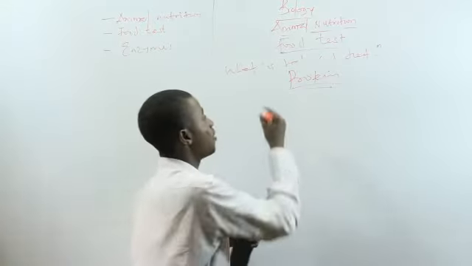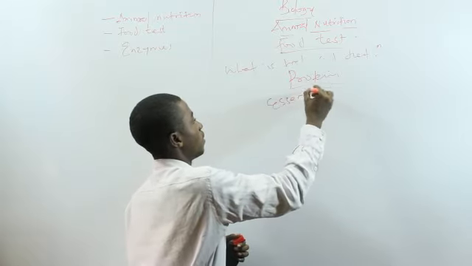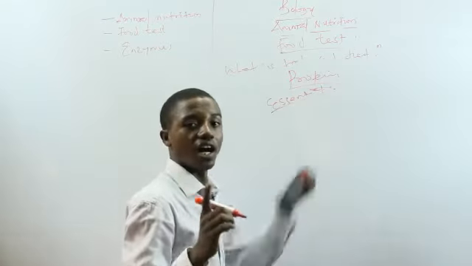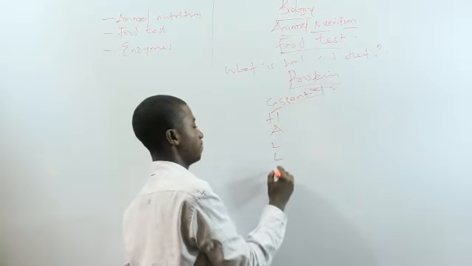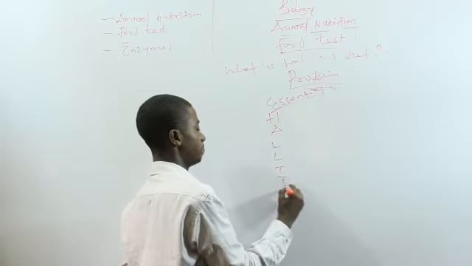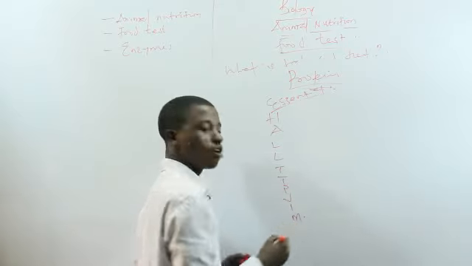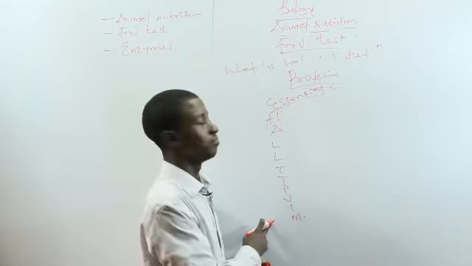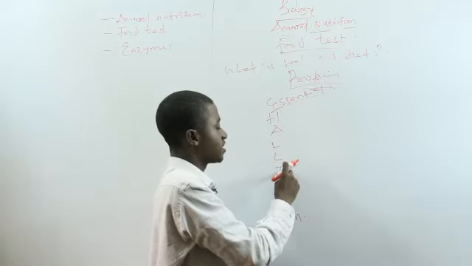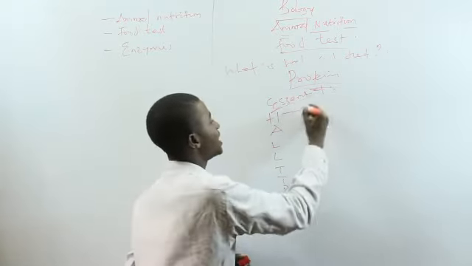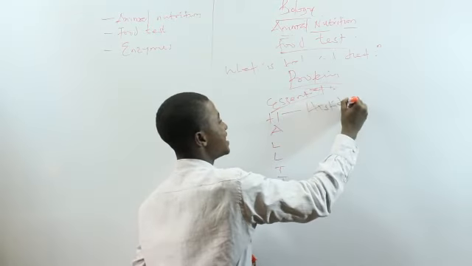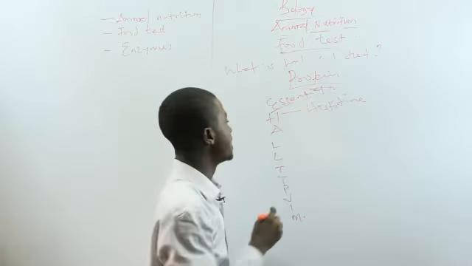So the essential amino acids can be remembered through the use of this acronym: HALTTPVIM. Now the H stands for histidine.